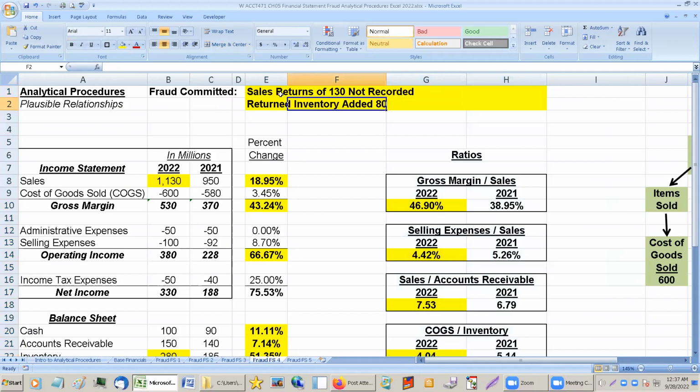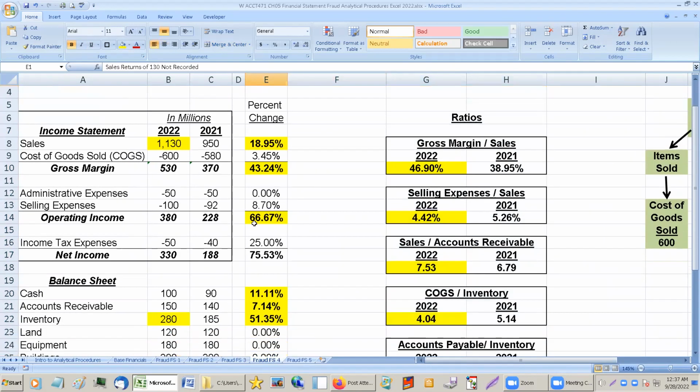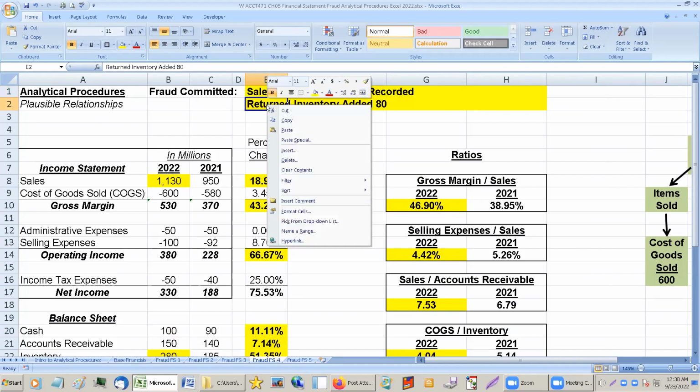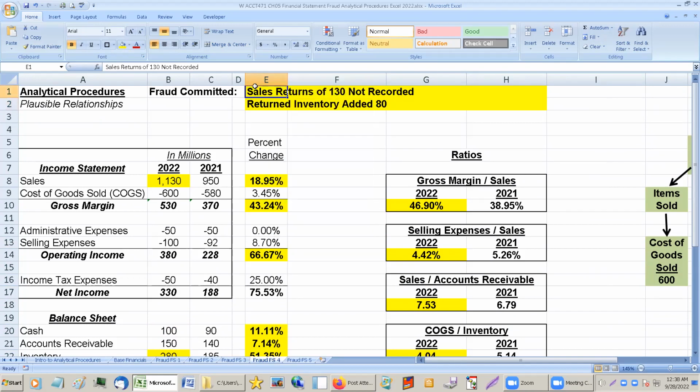This is another type of fraud that happens sometimes. Sales returns. So people return stuff, but the return is not recorded. Your sales are not reduced.